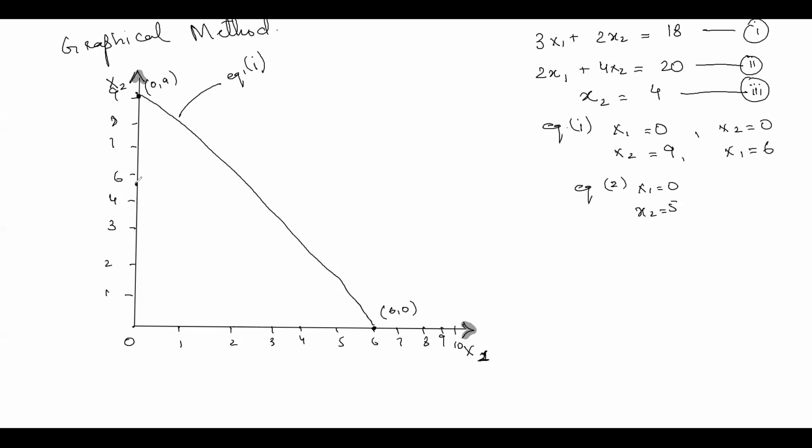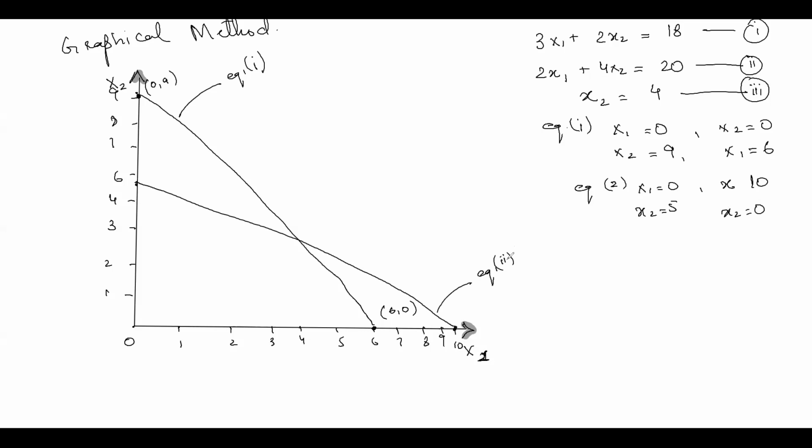Then same thing, if we put x2 equal to 0, then x1 becomes 10. So it goes here. So when x2 is 0, x1 is 10. We can draw a line between these two. So this is our equation number 2.